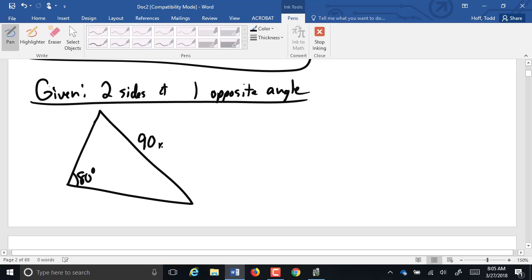We'll call this 90 millimeters. And we'll call this down here 75 millimeters. I'm going to label A, B, so we see a little a that's missing.